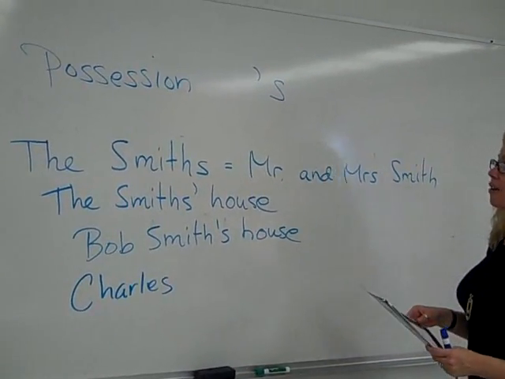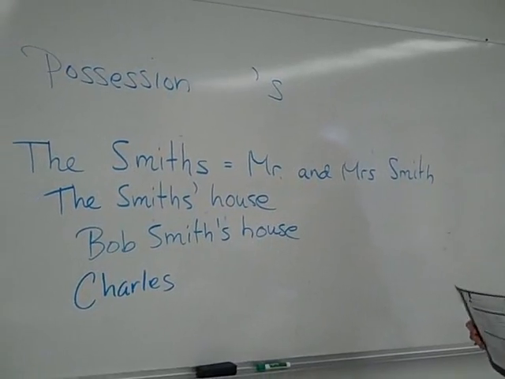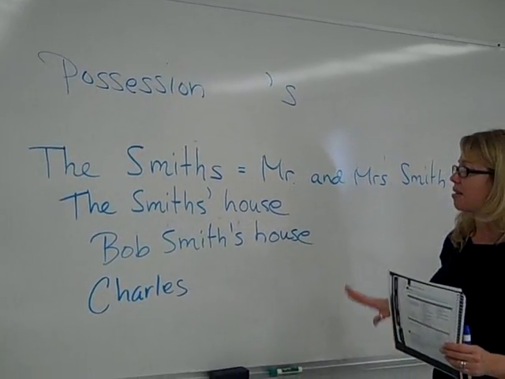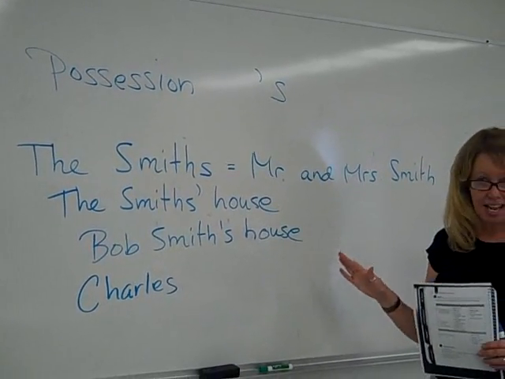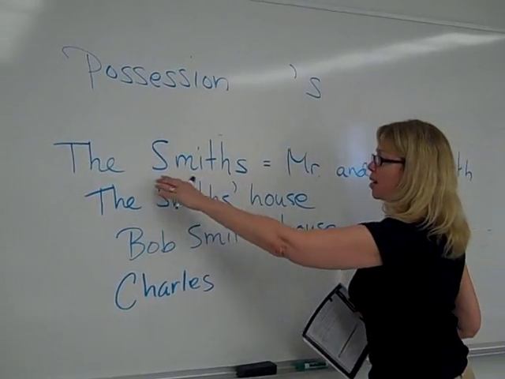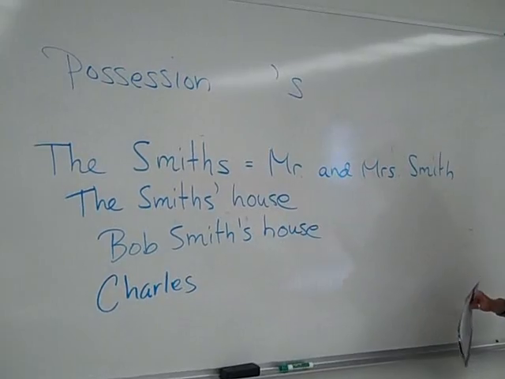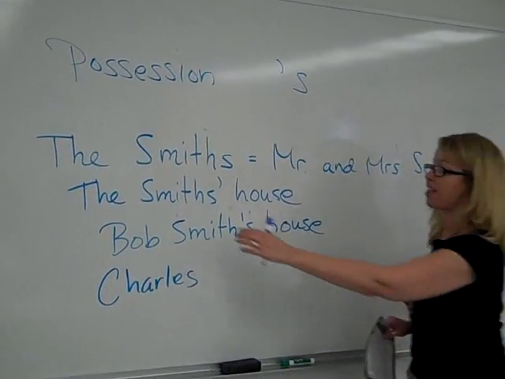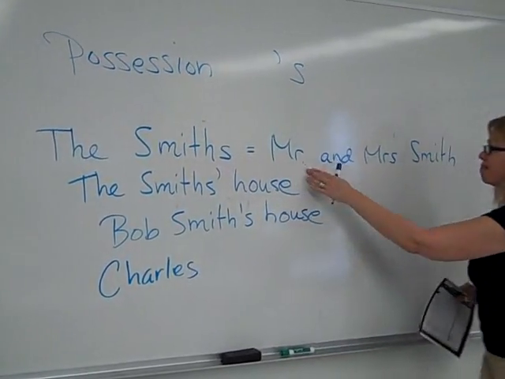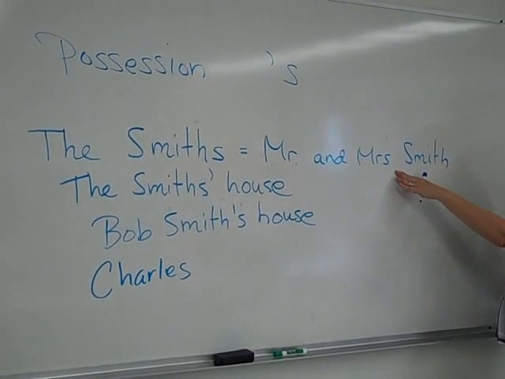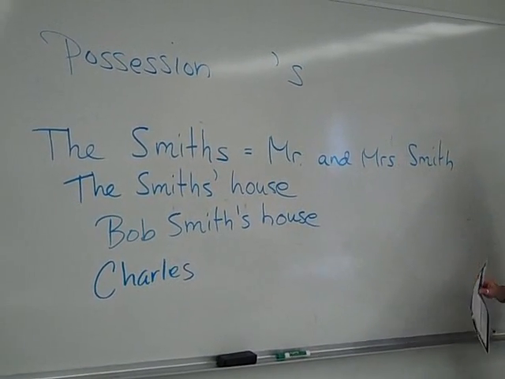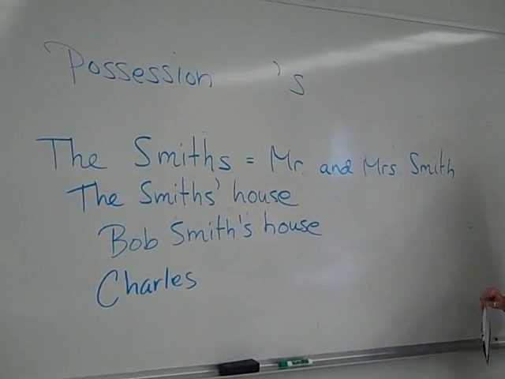Okay, I want to go over one more thing about when names end in an S. Okay, so when you see something like the Smiths' house, when people are talking about the Smiths' house, the Smiths means Mr. and Mrs. Smith, and maybe their children, okay? But it's more than one person.